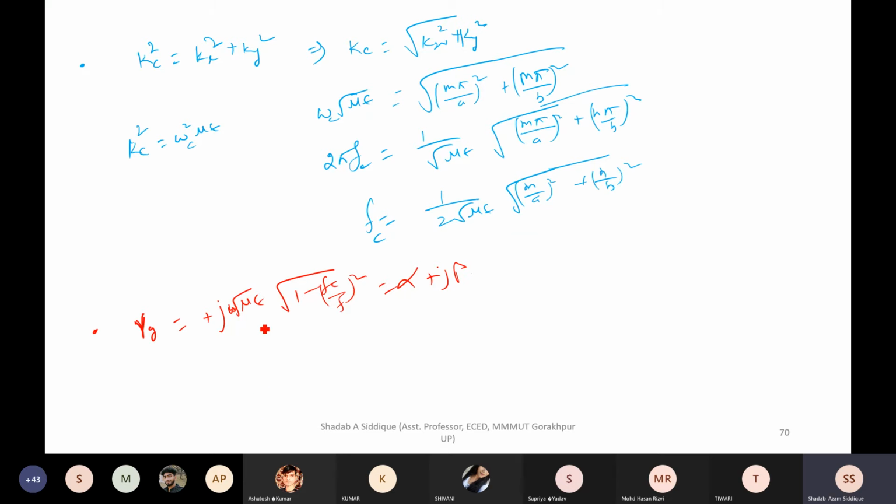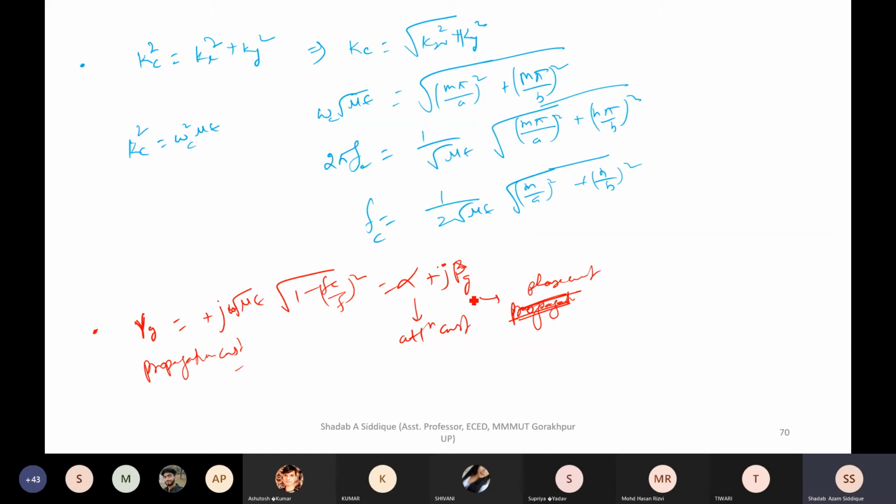From this we know that to have propagation inside the waveguide, j beta g should be there, and alpha was the attenuation constant and beta g was nothing but the phase constant.